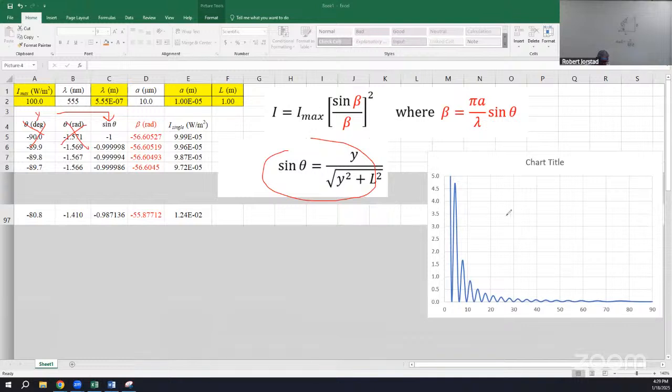Remember, when we have this single slit interference pattern, here's the slit, here's the midline. The vertical distance is y, the angle is theta, and this length is L. So from the Pythagorean theorem, this side is the square root of L squared plus y squared. And so you could use this formula and get another pattern.